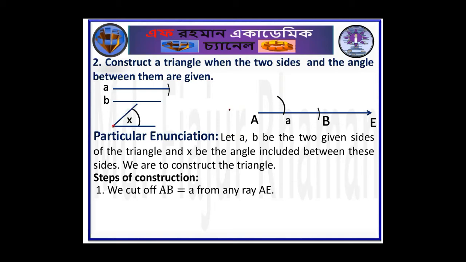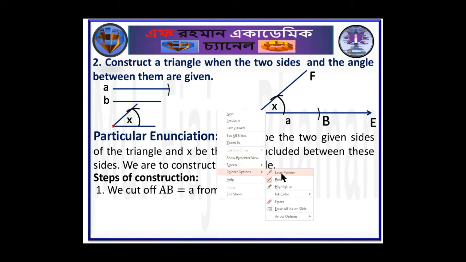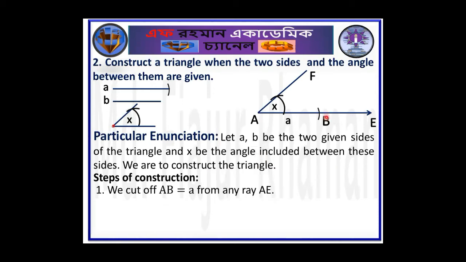And then another arc measuring the angle X. And then we join A with the point of intersection of these two arcs and extend it. But in your exam you just have to write, we draw angle BAF equal to angle X at the point A of AB.